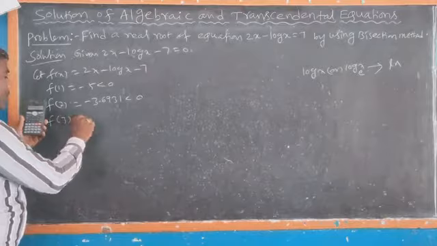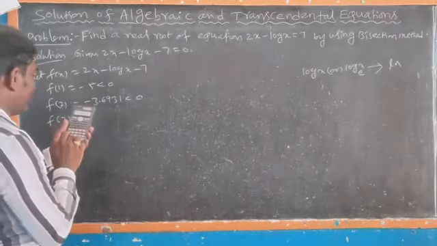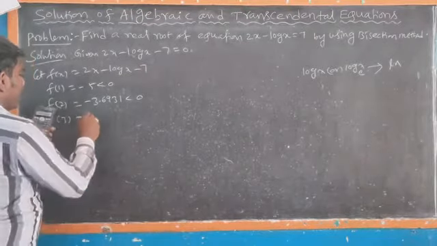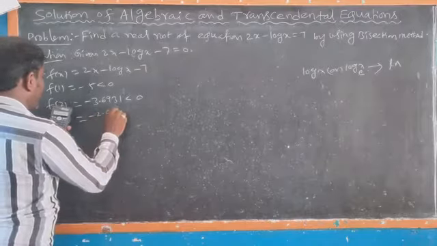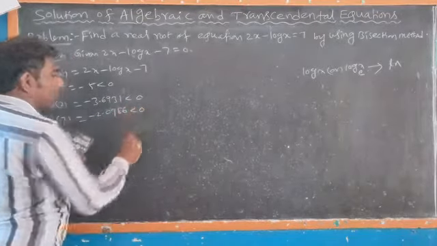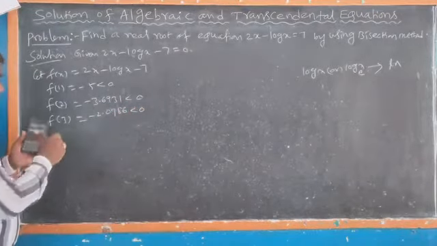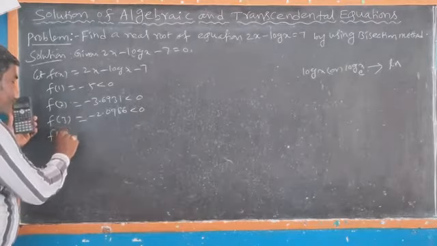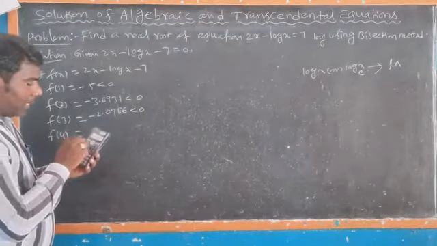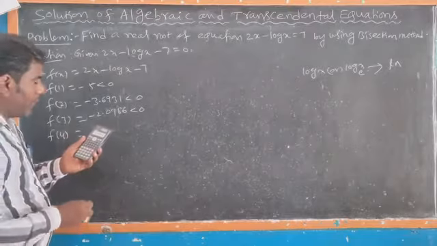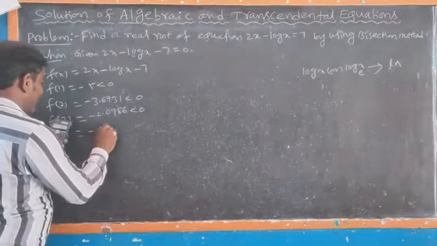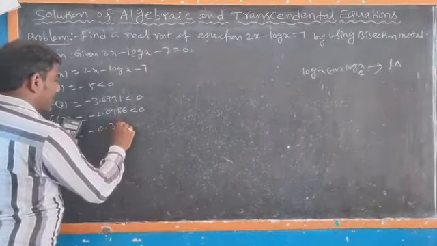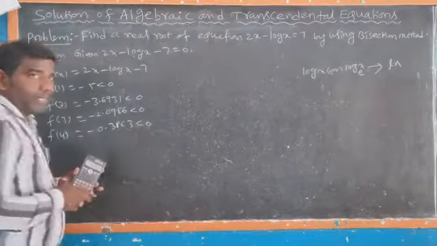Next f of 3 is minus 2.0986, also less than 0. Next f of 4, put x equal to 4. Then it is minus 0.3863, also less than 0.